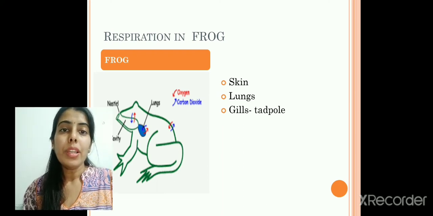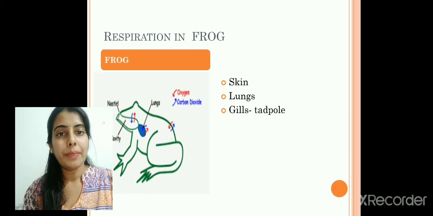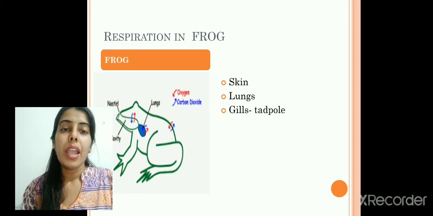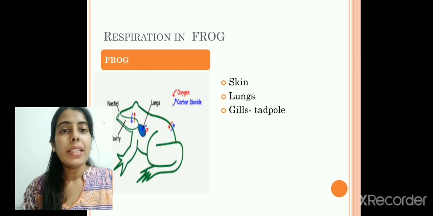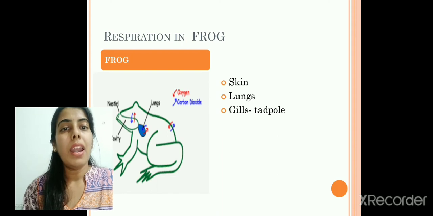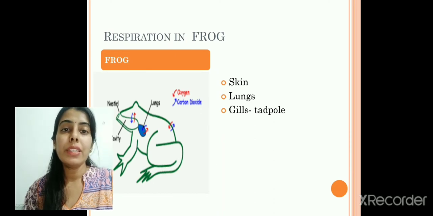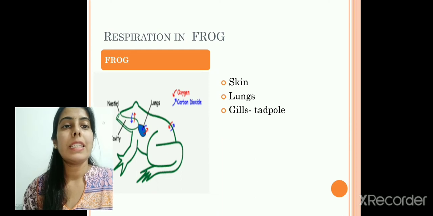The tadpole respires through gills and moist skin. Now when the frog develops as an adult, the gills become reduced and it develops air bags called lungs. It can also respire through the moist skin. So due to these features, the respiration in frog is considered to be special.